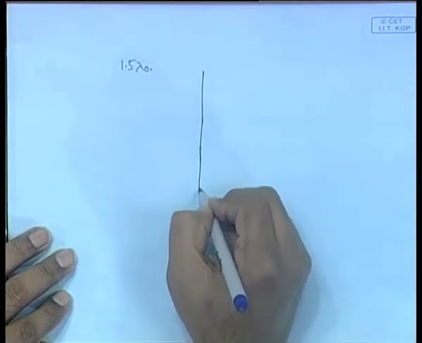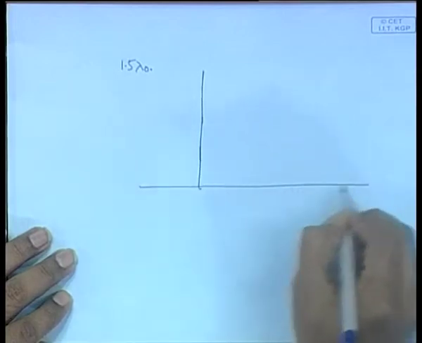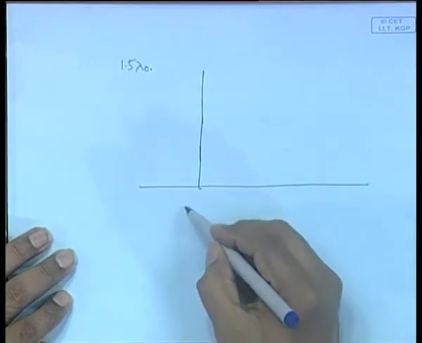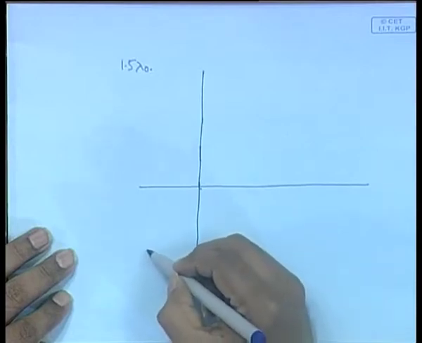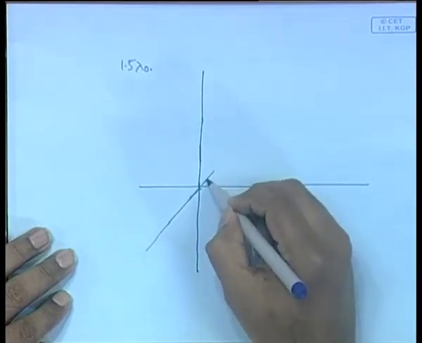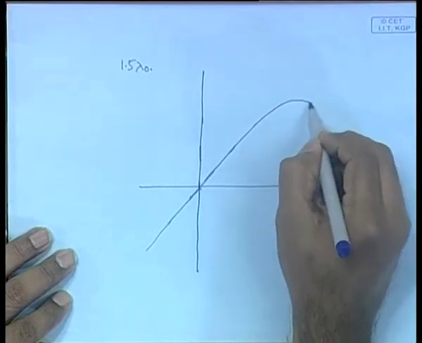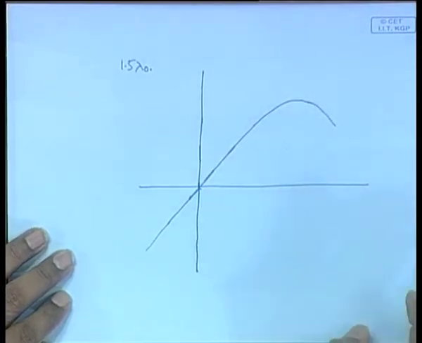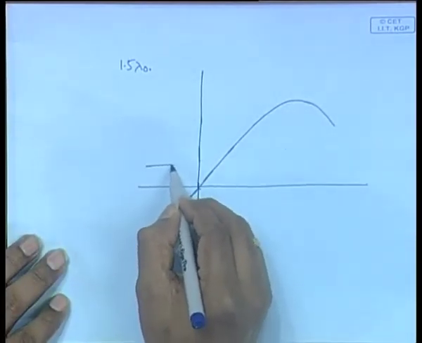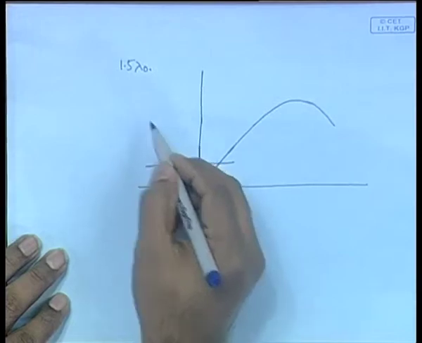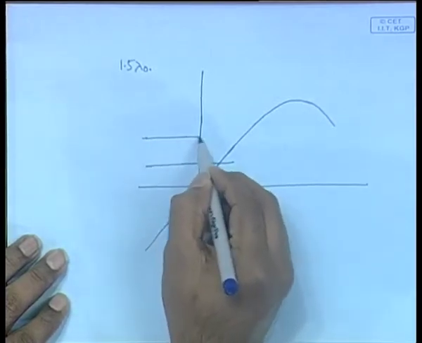So definitely the first thing you are going to do is draw the GZ curve. You are given the GZ table in this case, so from that you draw the GZ curve. Then you mark lambda 0 and 1.5 lambda 0, which you have already calculated.